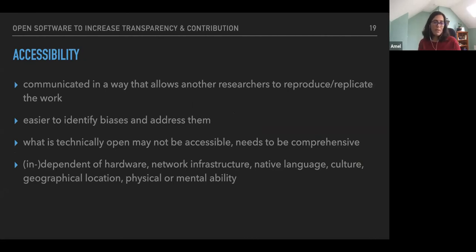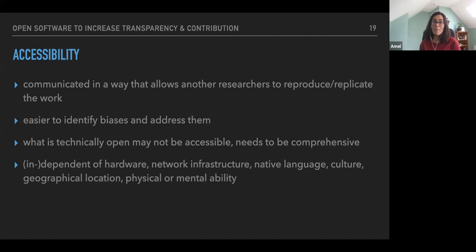A complementary way to help avoid biases in the systems we design is to not make them a black box where we really know only what we have as an input and what we have as an output without really understanding how the black box works. A good way to help identify biases and address them is to make tools and code available to the community.